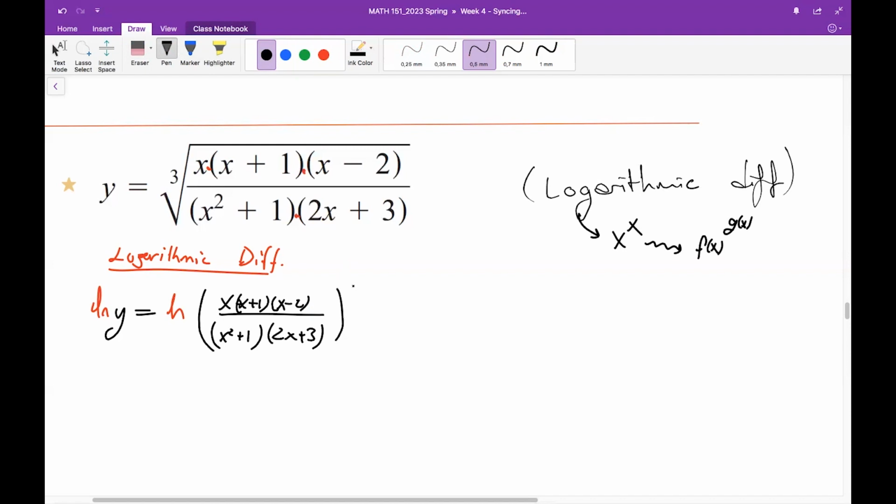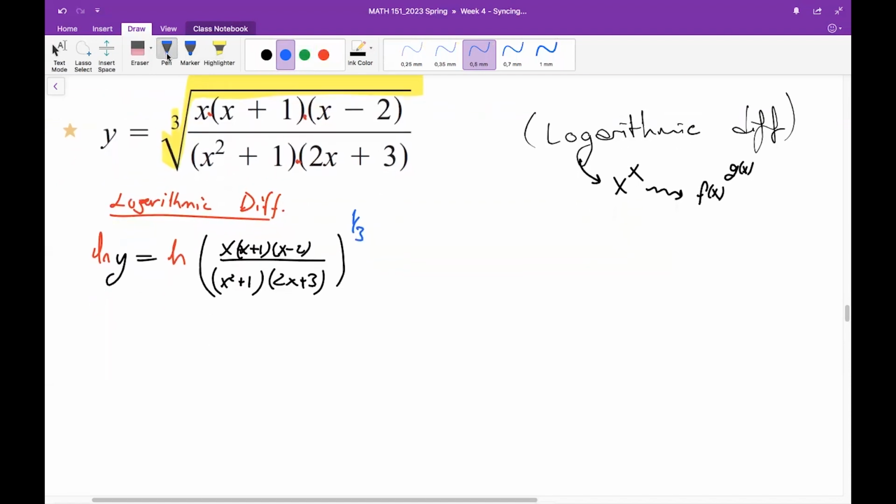Which power should I put here? 1/3, you're right. Okay, like that. And now I'm allowed to use every useful property of the ln function. So this power can be moved down.